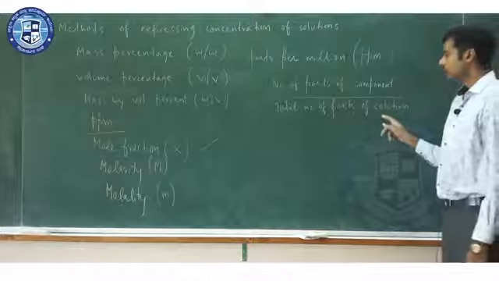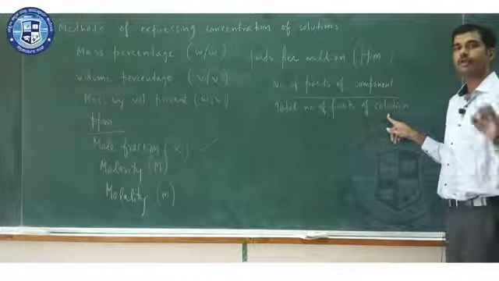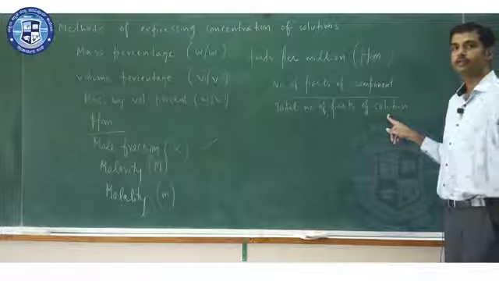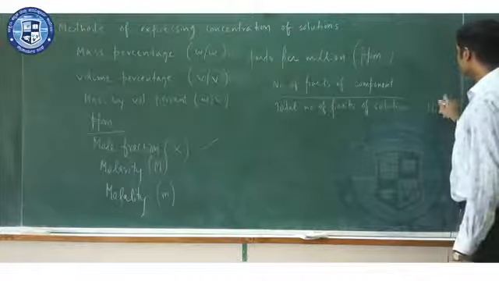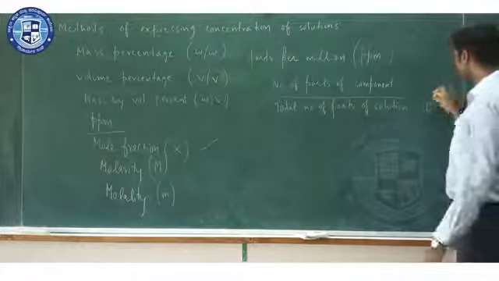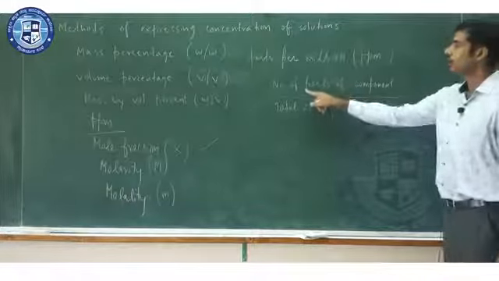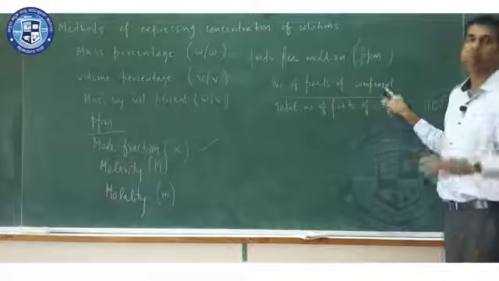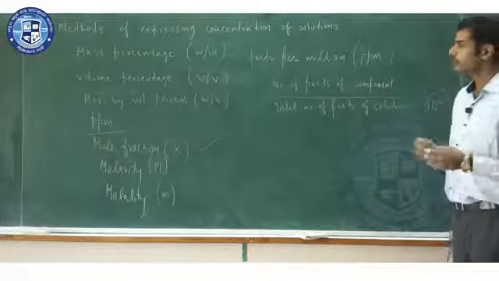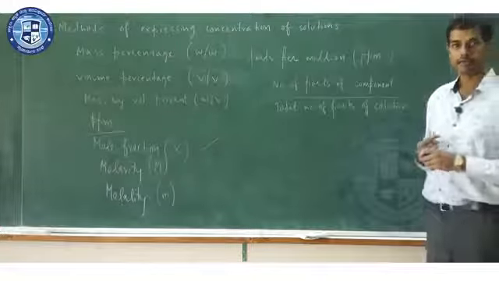So if I take a solution, I express this in terms of a million parts. It is divided into a million parts. It is 10 to the power of 6. Now out of 10 to the power of 6, which is 1 million, I find out how many parts of the component is present. This will be the concentration which is expressed in terms of parts per million.